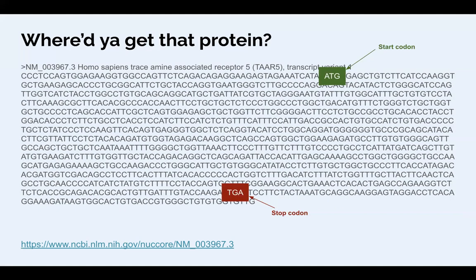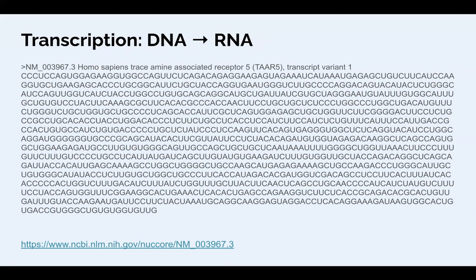Something you might have picked up on is that this sequence shows DNA nucleotides, and DNA is not the molecule that's involved immediately in making proteins. It's actually the RNA. The process of transcription, which we will talk about in a separate lecture, turns this DNA molecule into RNA.